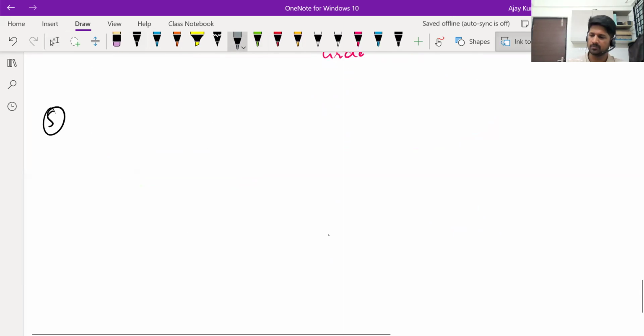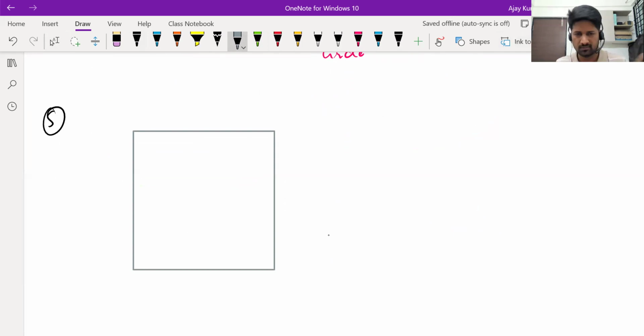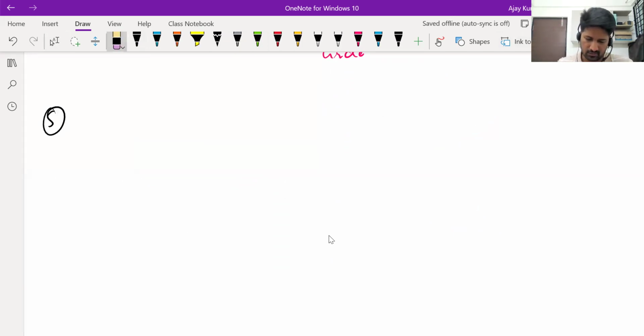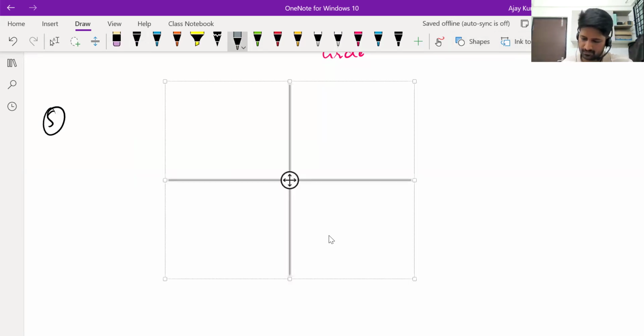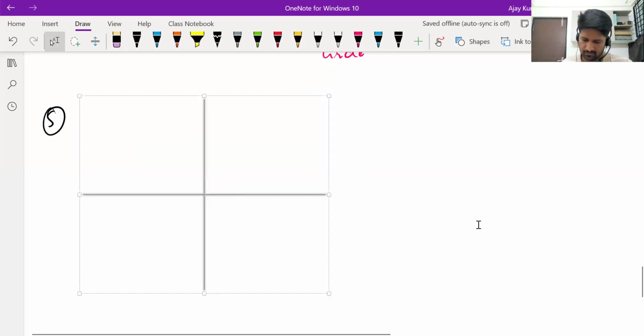Suppose there is a square path like this. It's a closed path, fine, but okay, I should not say square path. Let it be. Suppose there's a current. Let's place the current.